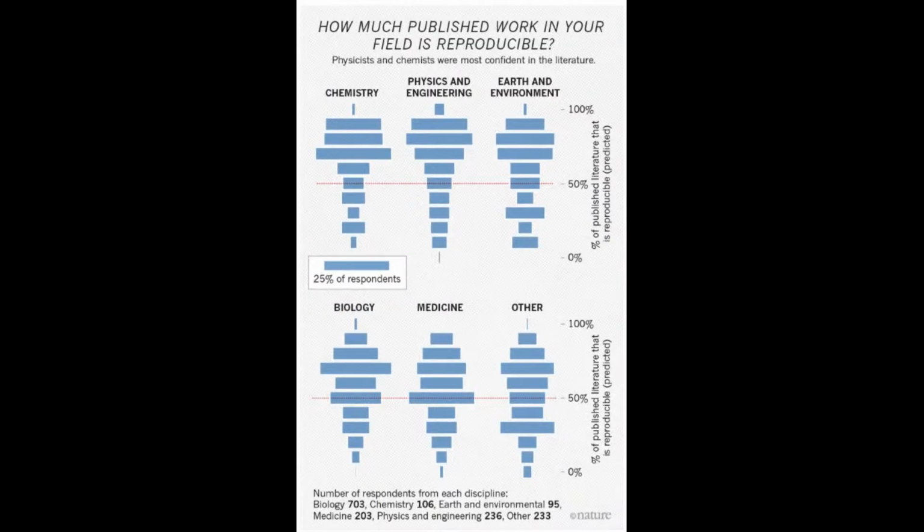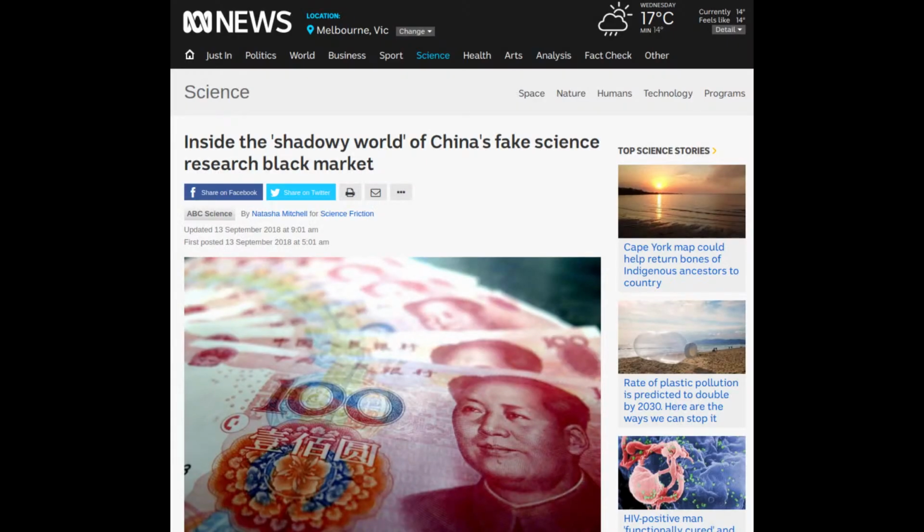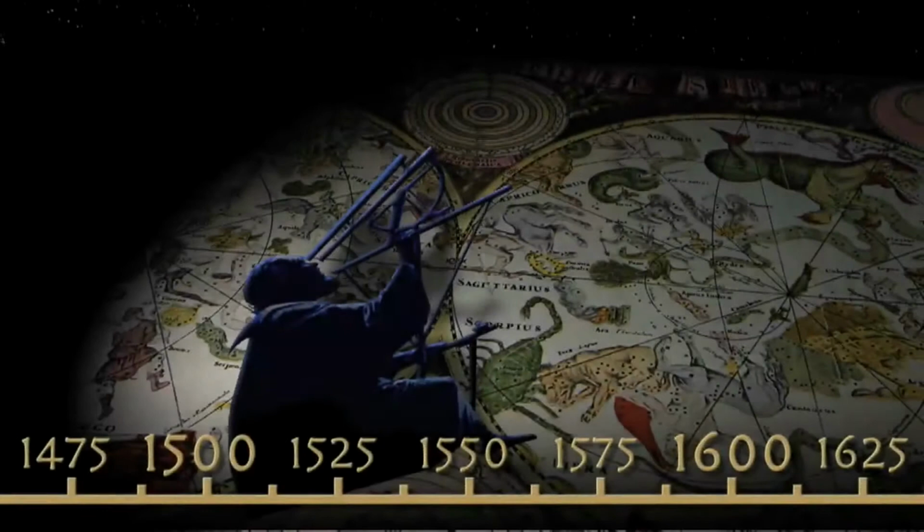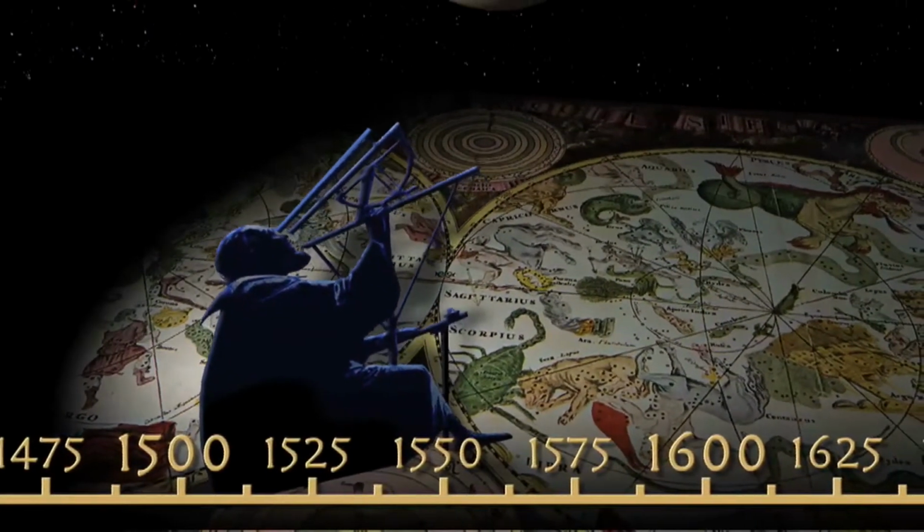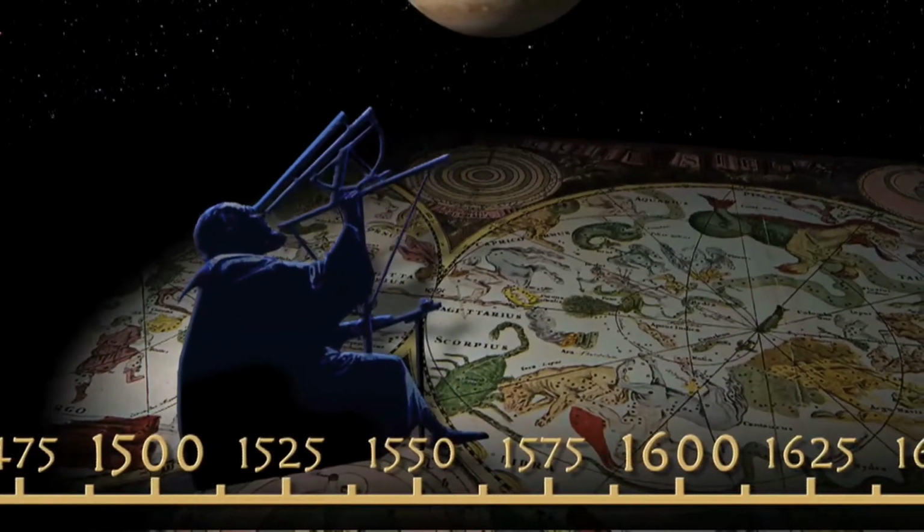And this problem is worse on a global scale, China being especially notorious for their research black market, where you can buy results, methodologies, and just about everything else to publish for your particular agenda. This is all part and parcel of the growing rate and volume at which research is published.